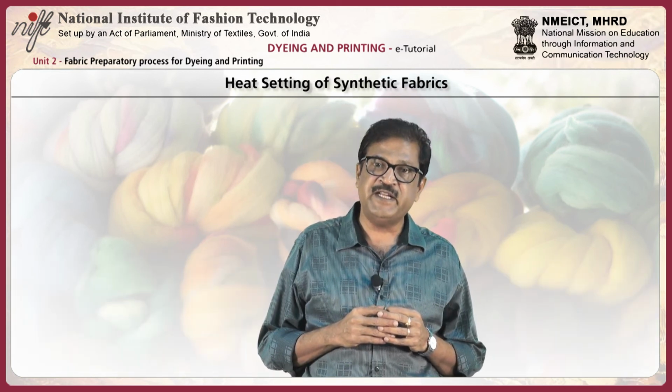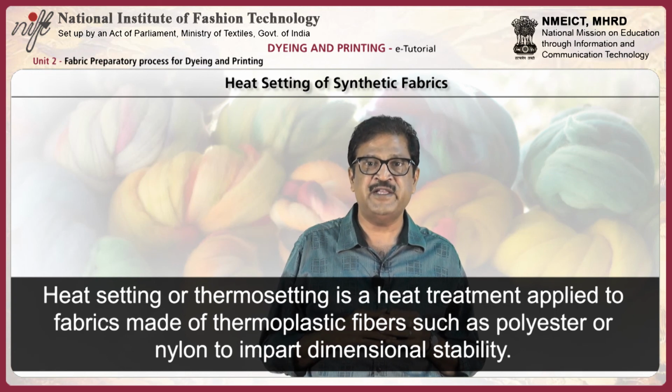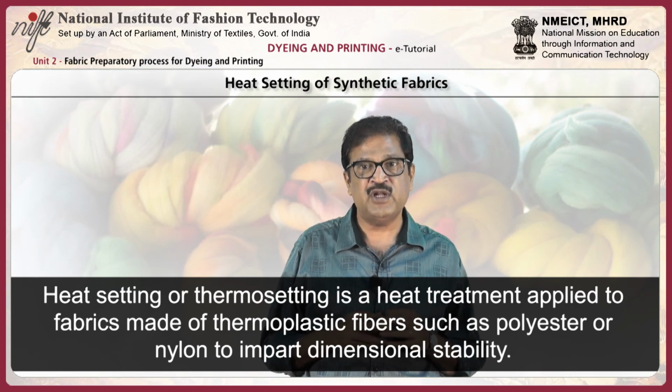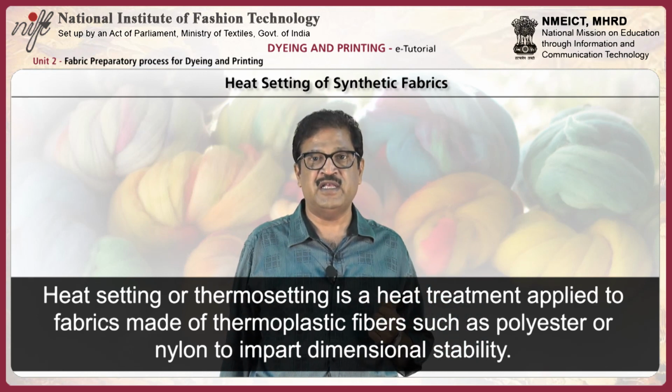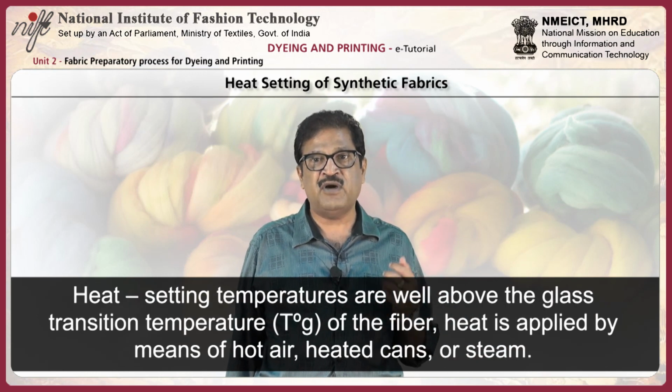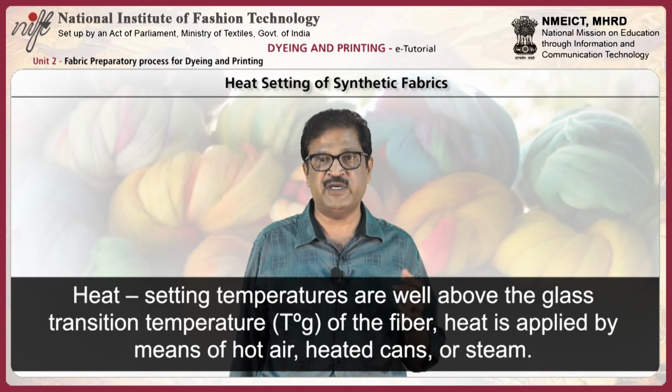Heat setting of synthetic fabrics. Heat setting or thermosetting is a heat treatment applied to fabrics made of thermoplastic fibers such as polyester or nylon to impart dimensional stability. Heat setting temperatures are well above the glass transition temperature of the fiber.